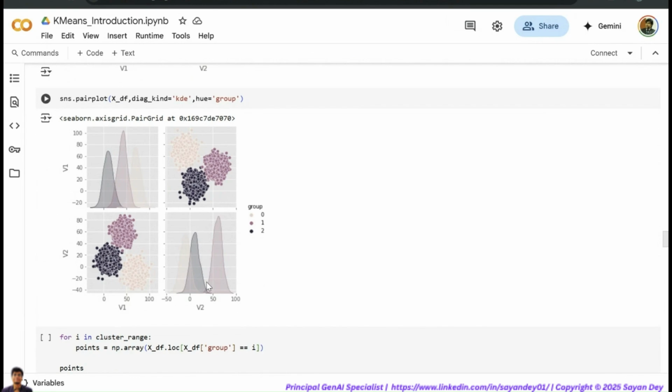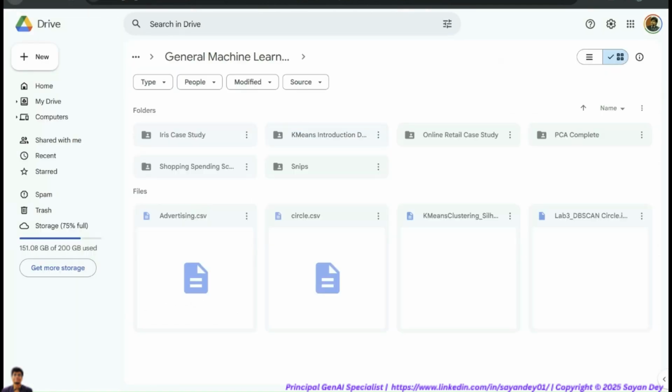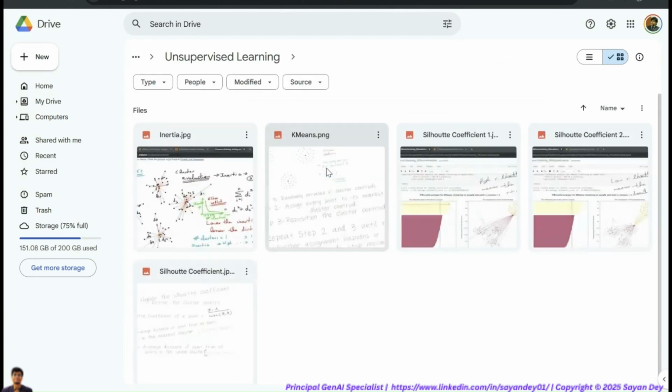Even for this part, if you see my slides, I've also given you a lot of reference content. Obviously it's not possible to go through every single part of it, but I've shared with you other reference content like the silhouette coefficient. This is another way we can use to identify the ideal number of groups and clusters we have.